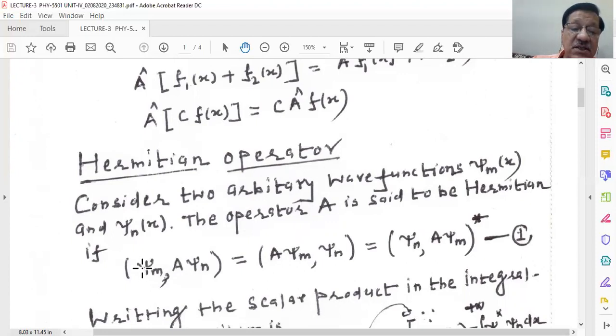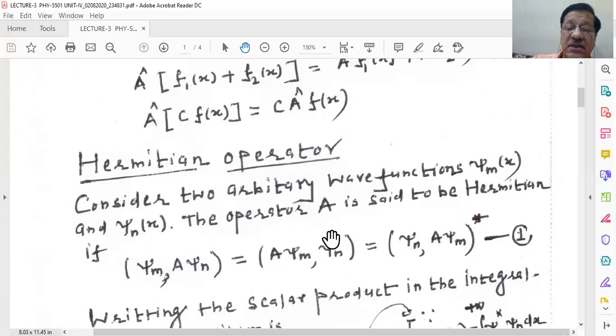So when you take the scalar product of psi m with A psi n, A operating on psi n, you can say it can be written as the scalar product of A psi m, comma, psi n.